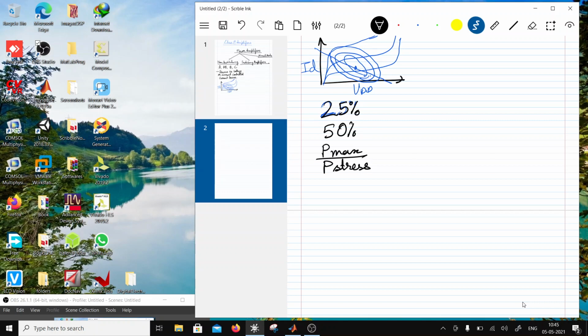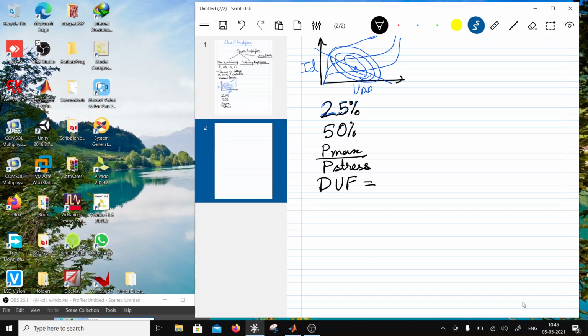So basically you choose a device of a certain size and it has a limitation on the currents and it has a limitation on the voltage swing across it. So that maximum current of a device multiplied by the maximum voltage of a device is going to give you a P stress. So P max, which you can deliver, divided by P stress is known as the device utilization factor.